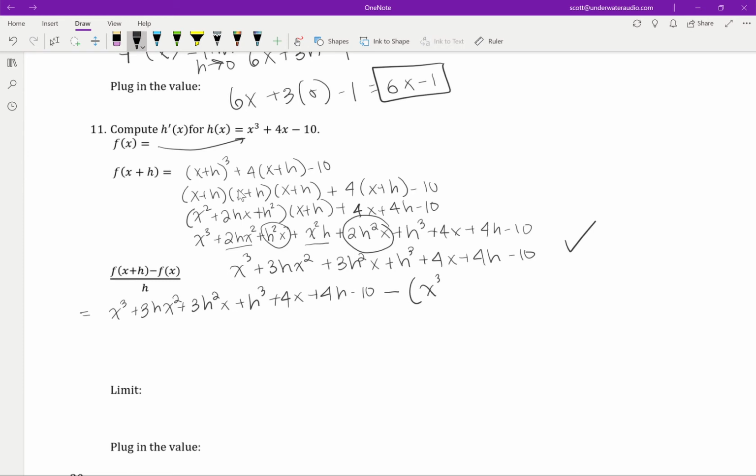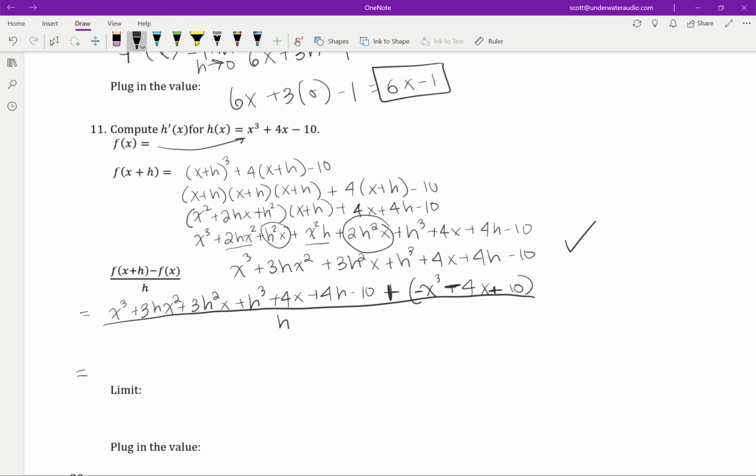I will do that every time because it helps keep track of stuff, all over h. Okay, now I have to go through and simplify. So this minus, I'll change it to a plus, make that a negative, and that a positive.